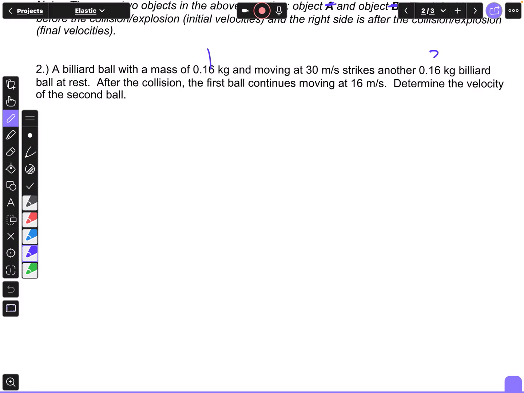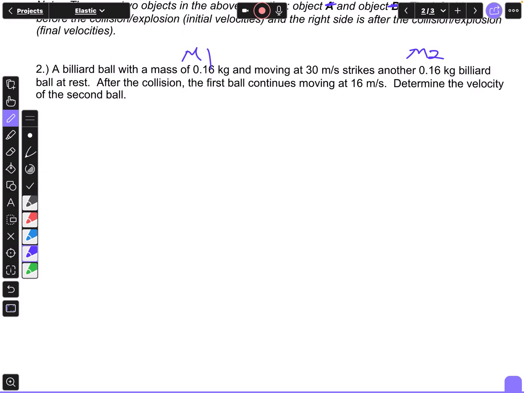I will label this as the second mass, M2. And the ball is at rest. After the collision, the first ball continues moving at 16 meters per second. Determine the velocity of the second ball.